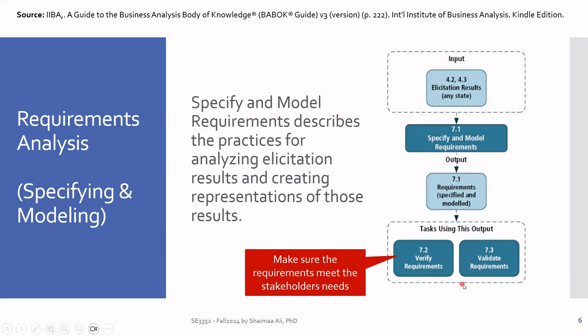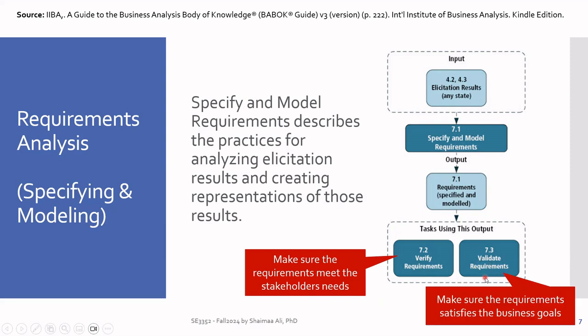And then the next type of checking is the validation. In the validation, you make sure the requirements satisfy the business goals. So in verification you make sure that you understood the stakeholder properly. Here, let's say you understood properly, even though stakeholders agree that that's what they meant, now we need to make sure that this is what is needed by the business.